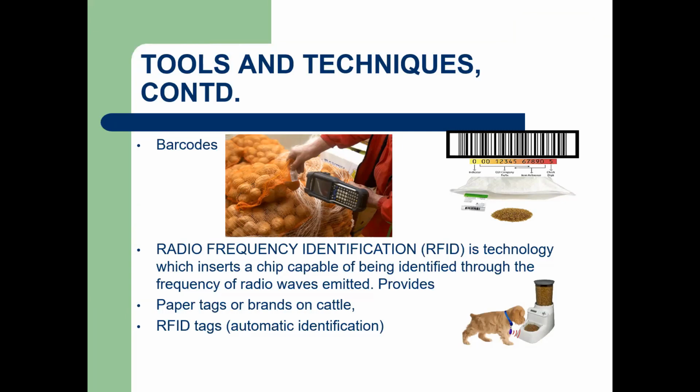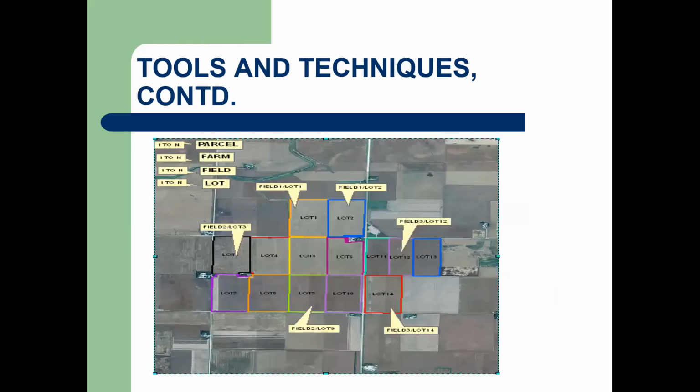Some paper tags or brands on cattle are also used, so this is just an example. Some tags are used on cattle to identify them if they roam around. So RFID tags are an automatic way of identifying different food products. They have been used in the meat industry, but there is definitely more application that can come through it.